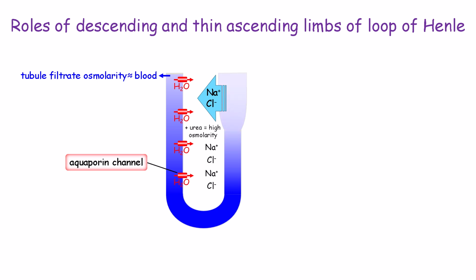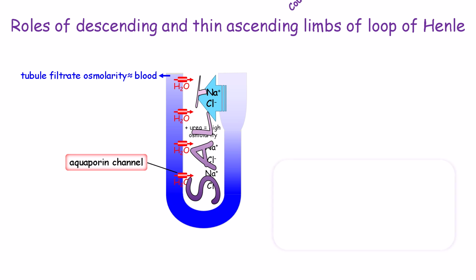This passive salt diffusion reinforces the interstitial salt gradient, which is highest deep in the medulla and decreasing toward the cortex. Together, 3 processes generate and maintain this gradient: water reabsorption from the descending limb, passive salt diffusion from the thin ascending limb, and active salt transport from the thick ascending limb.